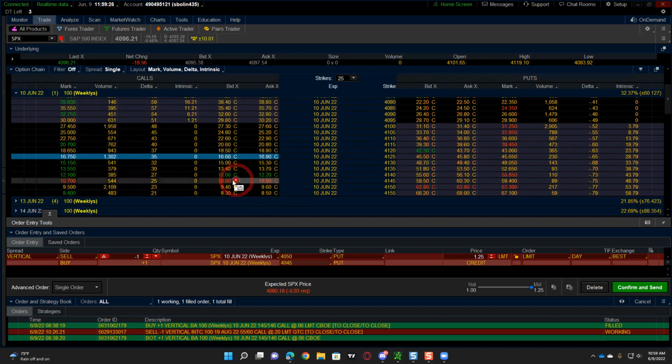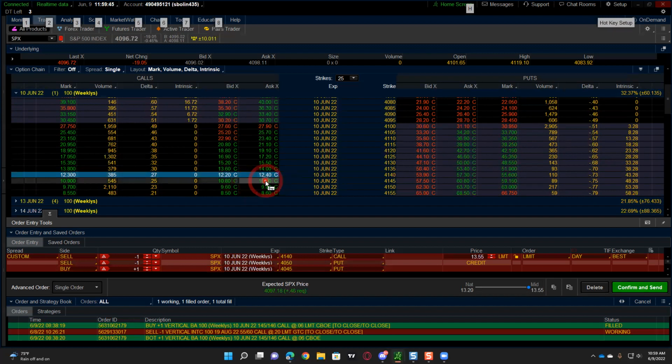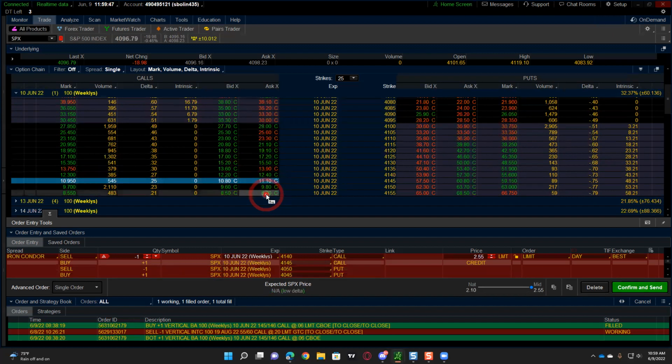Or would I choose my strikes based on those delta values? And most of the time we don't actually get the delta value we want. I see a 25 here, but maybe it would have been better to see a 26 and a 24, right? And that way I could choose a 26 and a 24, and I would know that 25 was in the middle somewhere, right? So it's never a perfect science.